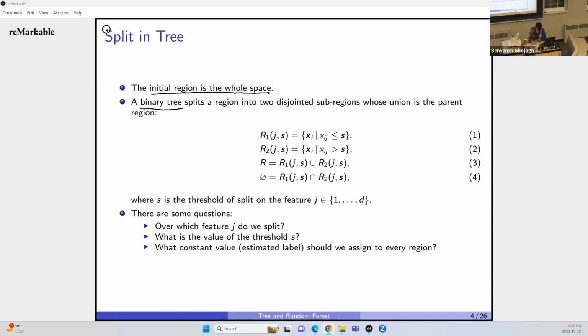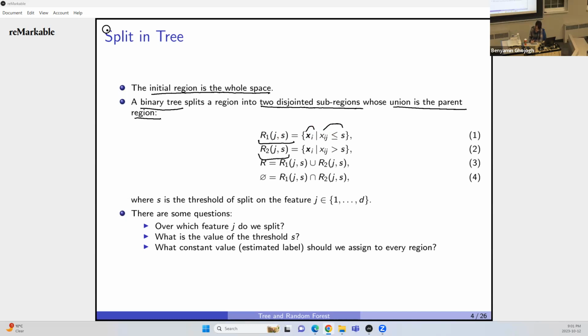It splits a region into 2 disjoint subregions, so the union of the 2 subregions becomes the parent region, and they don't have any overlap. So basically region 1, j, s. S is a threshold. J means the jth dimension, right? R1 is all of the xi's where xij is less than or equal to s.